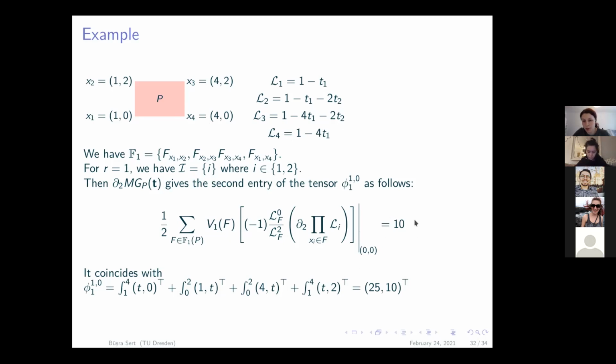And we obtain the second entry as 10, and this result coincides with the computation we can do when we do the normal computation of the Minkowski tensor. It just fits with the result we have.